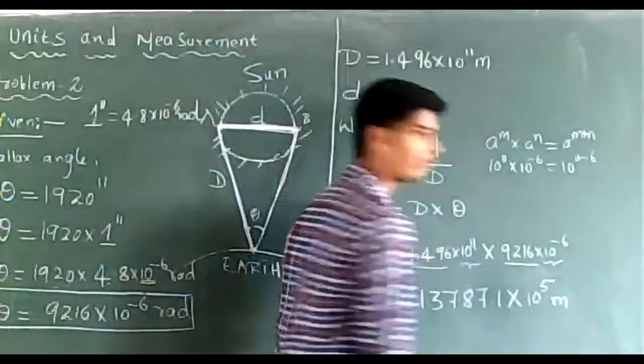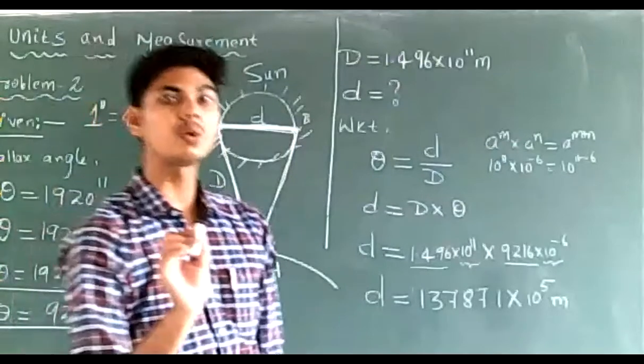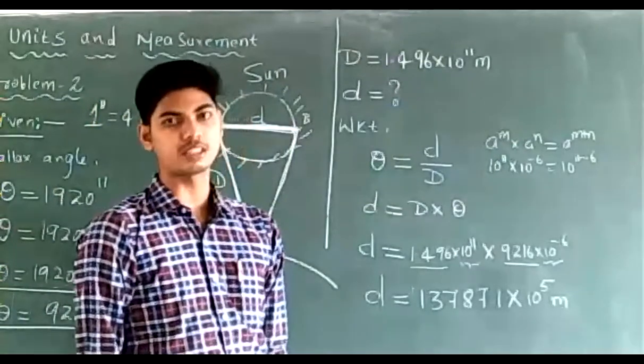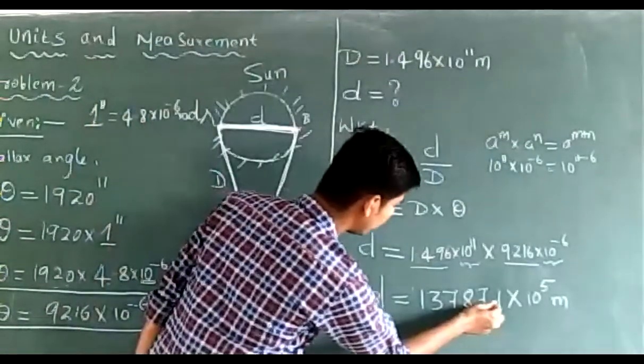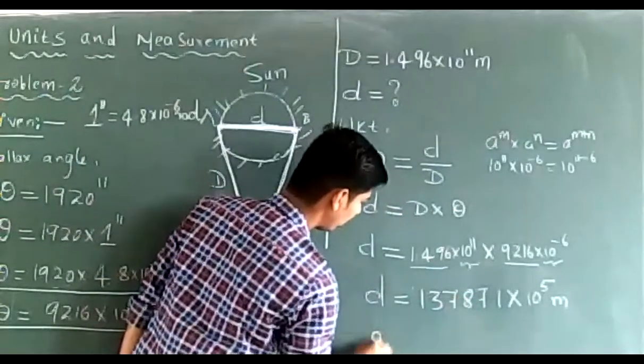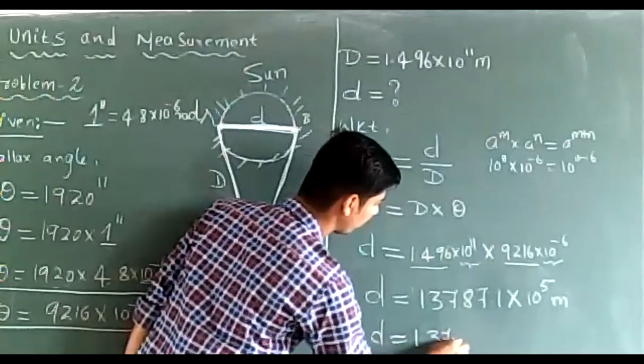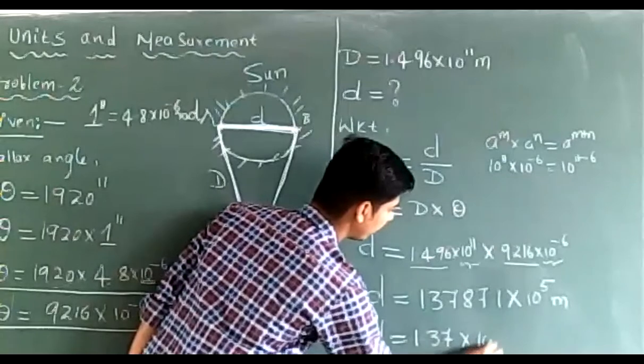This is the diameter of the sun. Is this the scientific notation? In scientific notation, the decimal point must come right after the first digit, so the decimal point must come here, which means shifting it to the left. The diameter of the sun will be 1.37 into 10 to the power.